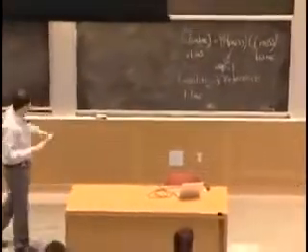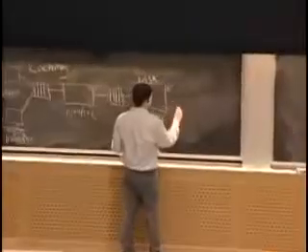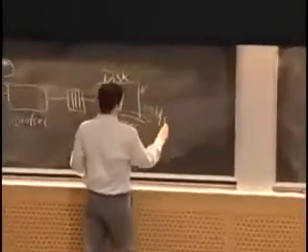Okay. So if you now come back to this diagram, what that means is that the throughput of this box is 1 over 1.1.